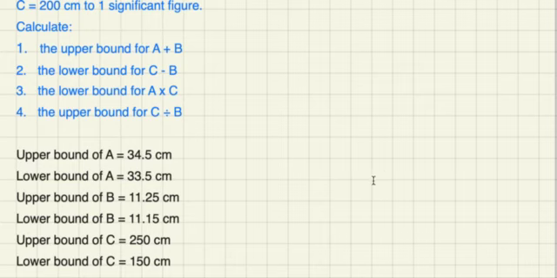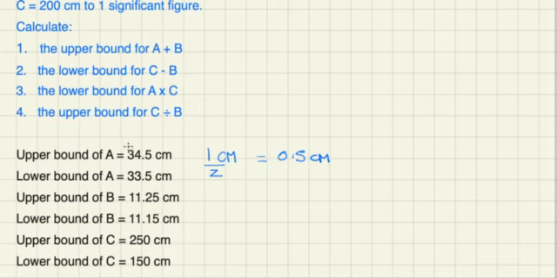So if you remember, the limit of accuracy for A was 1 centimetre. And all you had to do was to divide that by 2 to give you 0.5 centimetres.